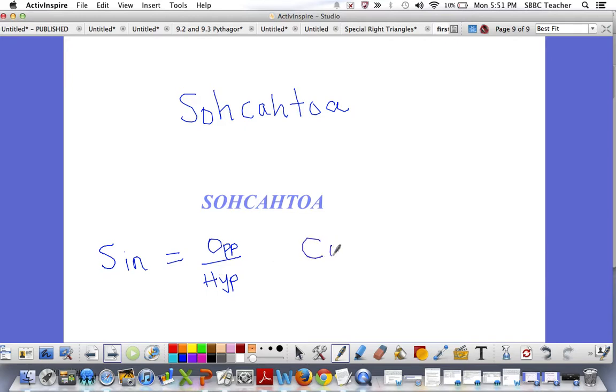The C is for cosine. Cosine says CAH, which stands for adjacent over hypotenuse. And then we have tangent. Tangent says TOA, so it's opposite over adjacent.